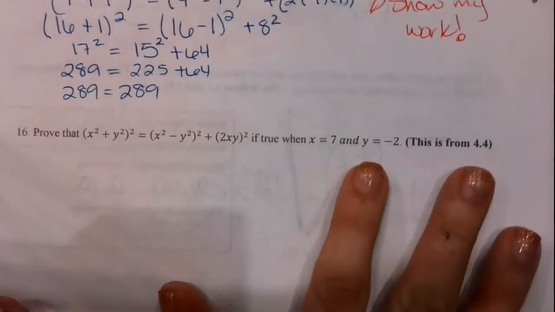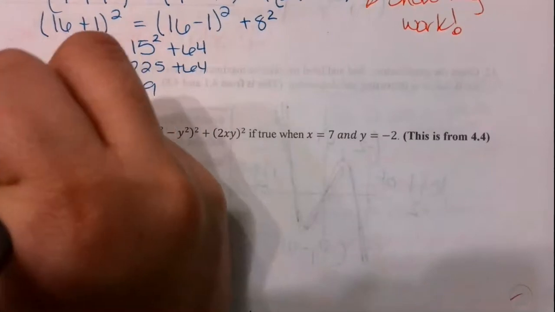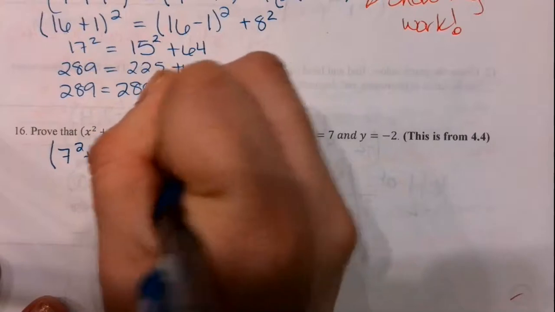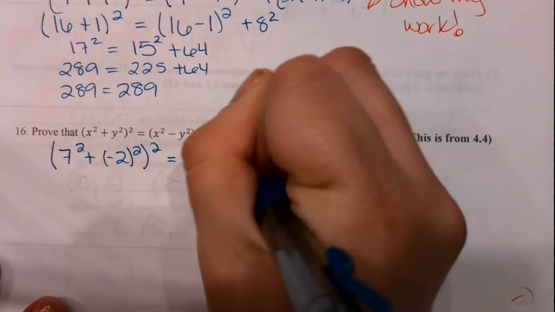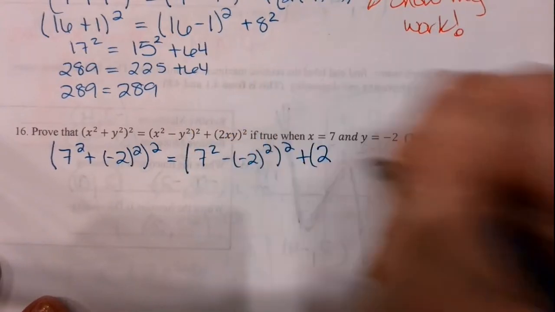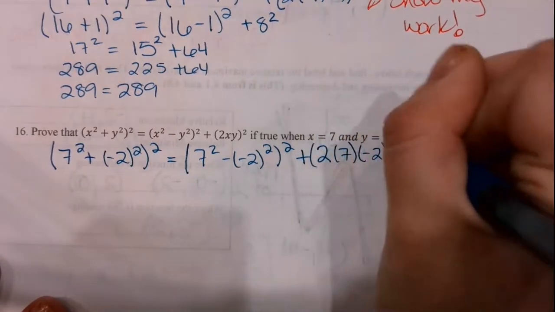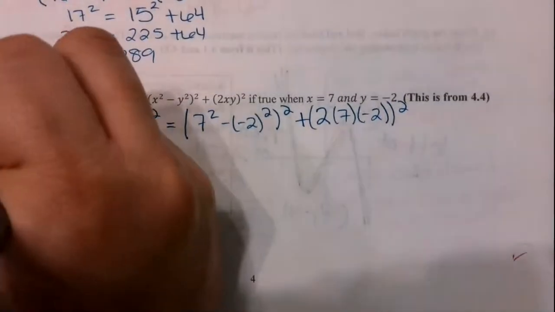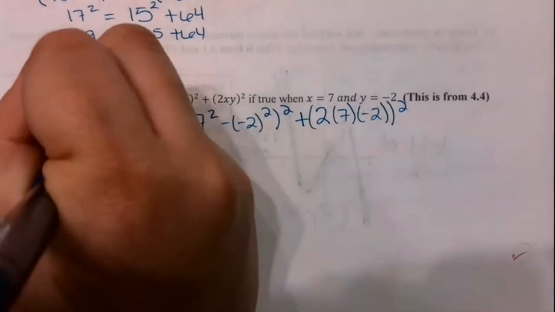Okay. Same thing on number 16, I'm plugging in the same numbers. So I have 7 squared plus negative 2 squared, and it should equal 7 squared minus negative 2 squared plus 2 times 7 times negative 2 squared. Okay. 7 squared is 49. Negative 2 squared is positive 4.